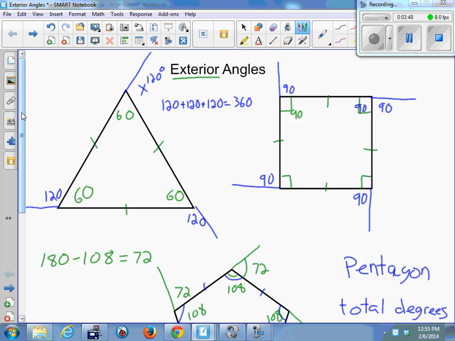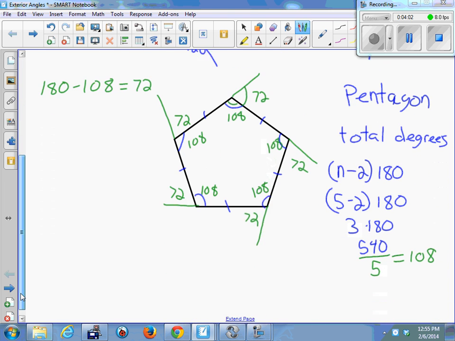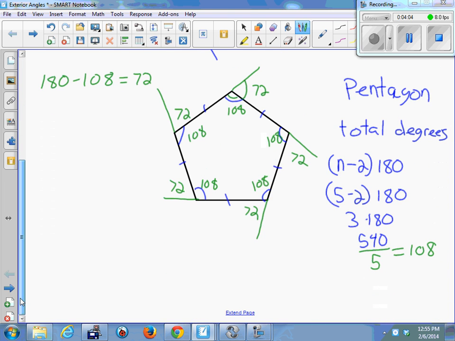So those three angles add up to 360. Same thing with the square, 90 plus 90 plus 90 plus 90 is 360 degrees. And in the pentagon, 5 times 72 gives you 360 as well. So that is our rule.